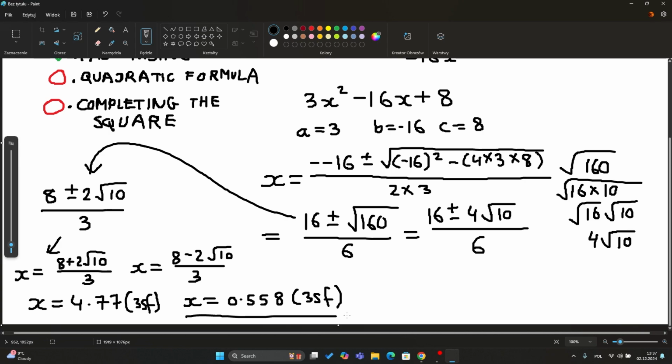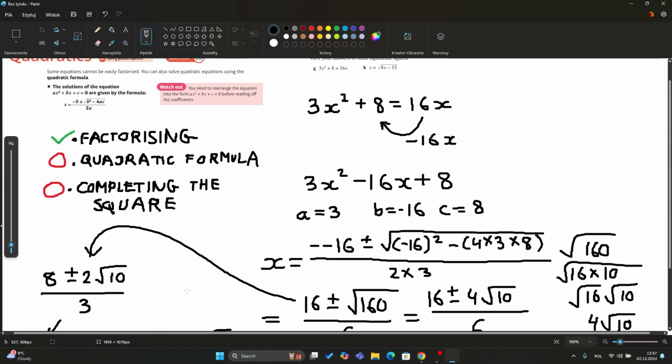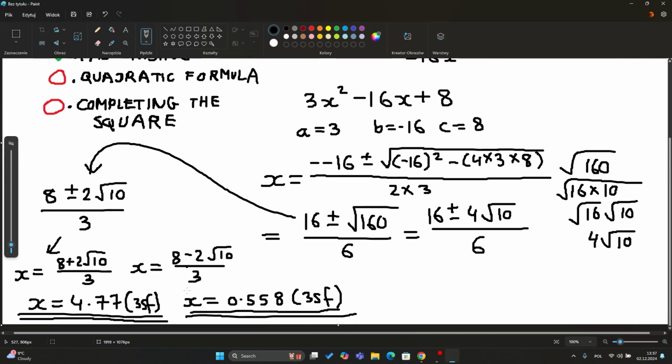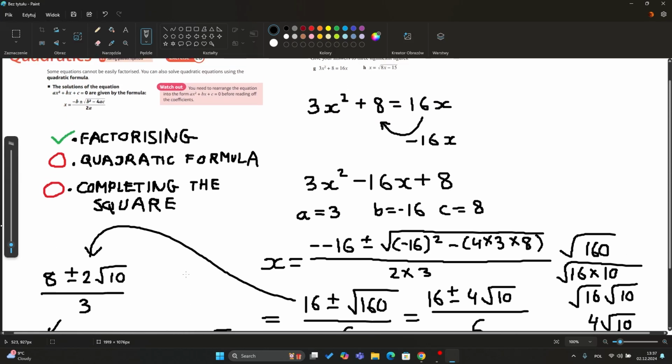And those are the answers. We would never get them with factorization, so sometimes when factorization is too difficult, you can use the quadratic formula and be happy.